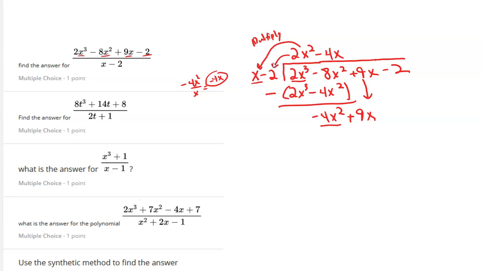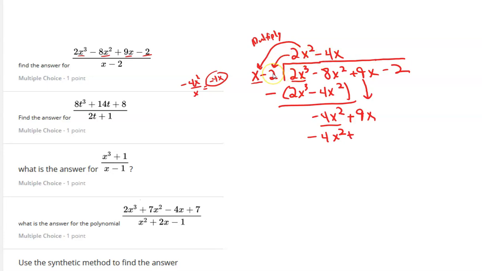And I'm going to distribute it into both of them now and do the same thing again. Negative 4x times x, and I get negative 4x squared. And then I have negative 4x times negative 2. And that actually ends up being positive.